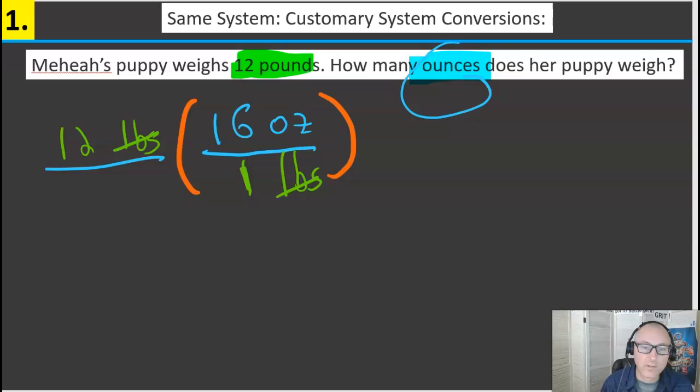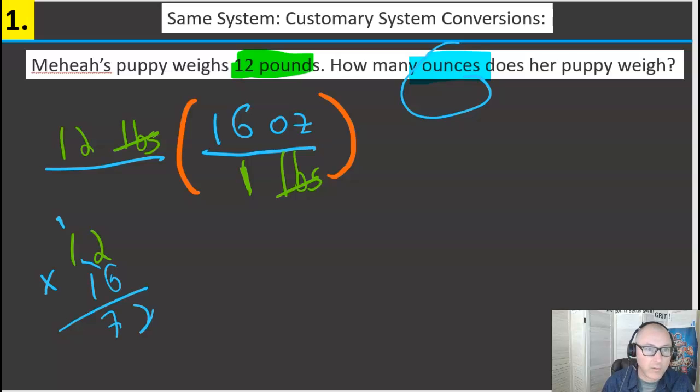16 ounces. Now all we do is the math, because 12 times 16. We can divide by 1, but once we divide by 1 it's going to be whatever that 12 times 16 is. I'll show you. Ready? Let's take 12 times 16. 2 times 6 is 12. Carry the 1. 6 times 1 is 6 plus the 1 here, 7.